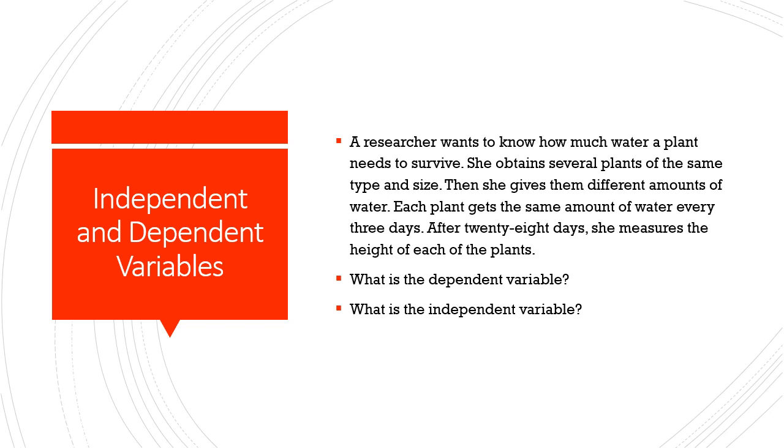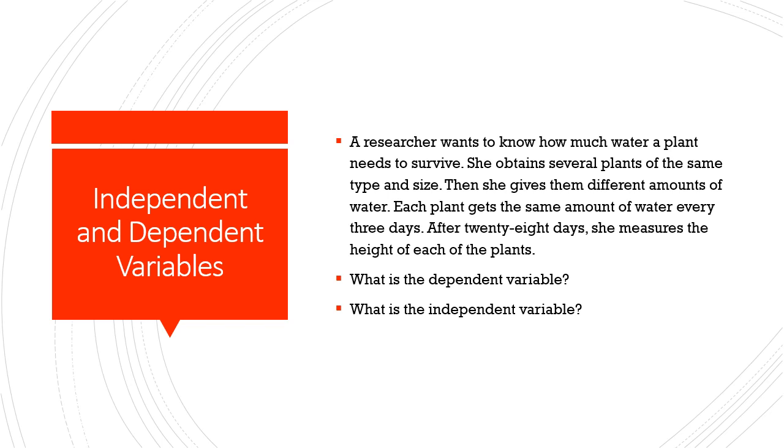So first thing you probably need to do is envision what the researcher is doing. She wants to know how much water a plant needs to survive, so she has to get the same kind of plant and about the same size, because you don't want to use that as one of the things that could be a factor that's controlling the experiment.